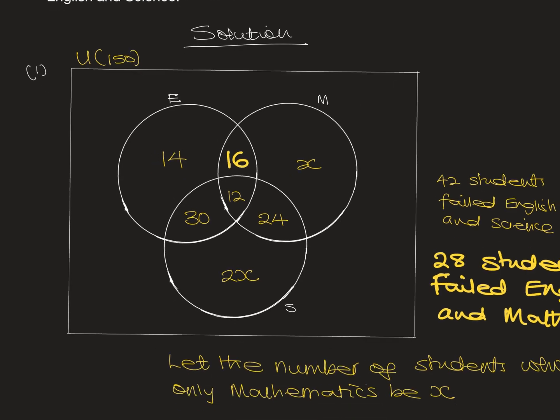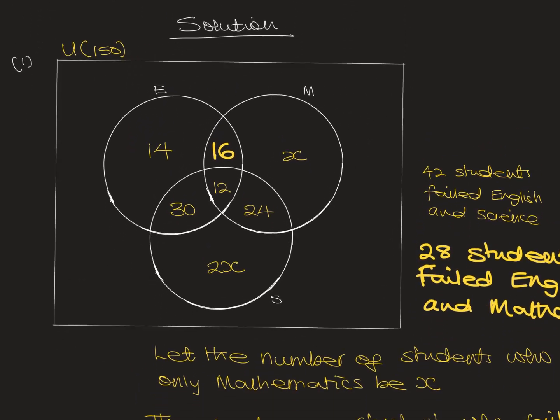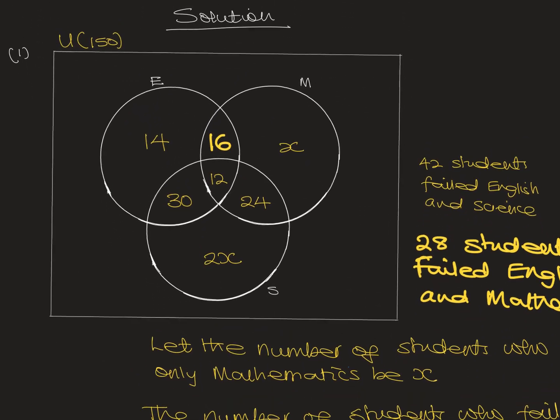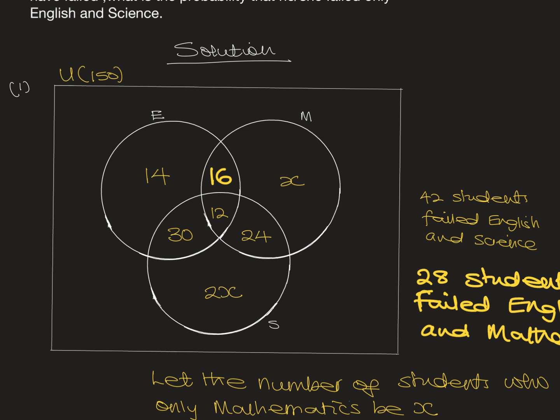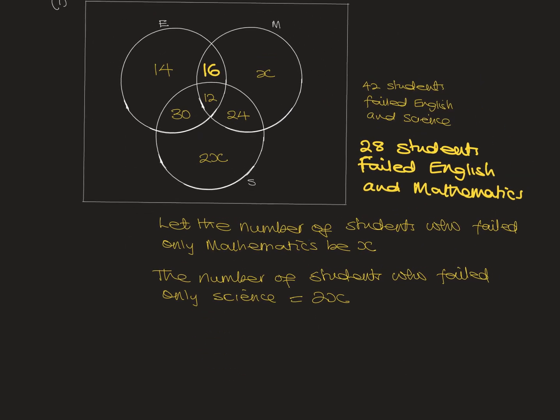From now on, what can we do? We first have to know the value of X in order to be able to move on with the other calculations. So if you look at this, the sum total of all these values will be equal to 150, okay, as the total number of failures. So let's try to do that mathematics here.